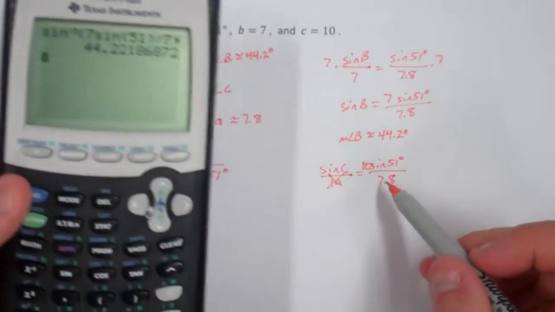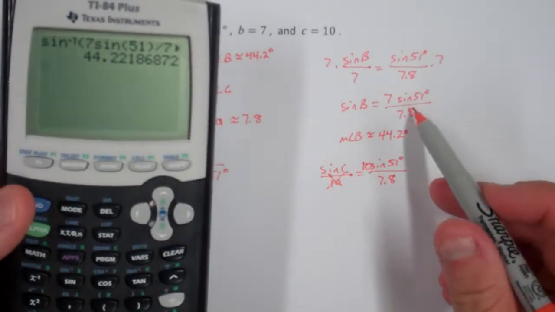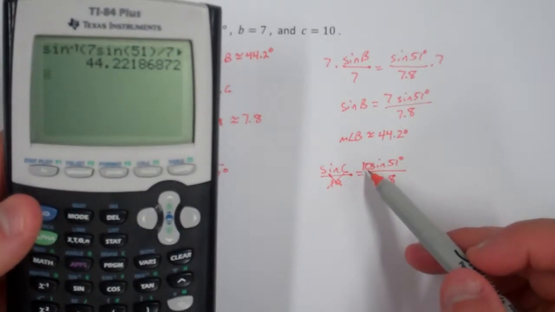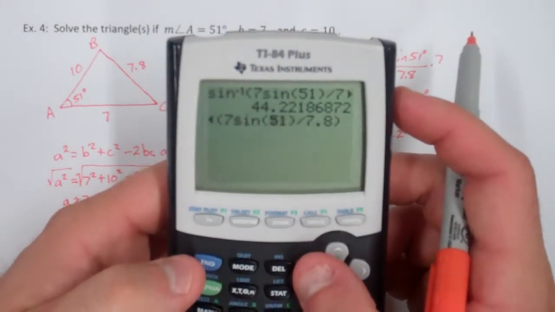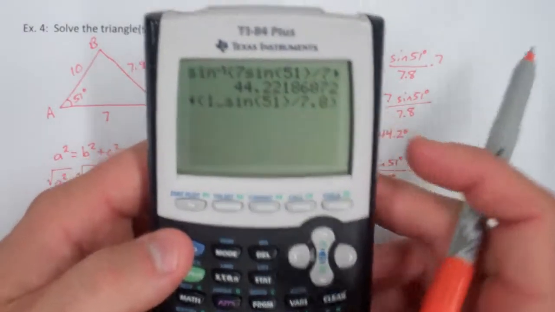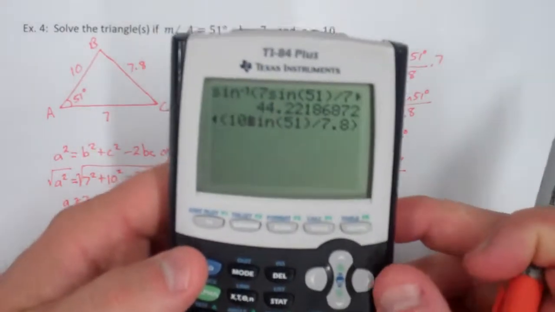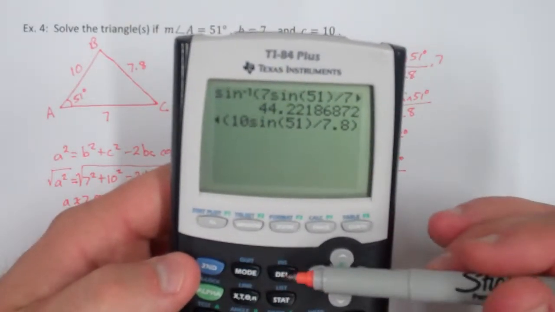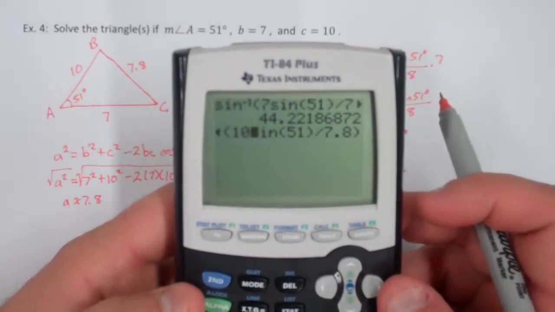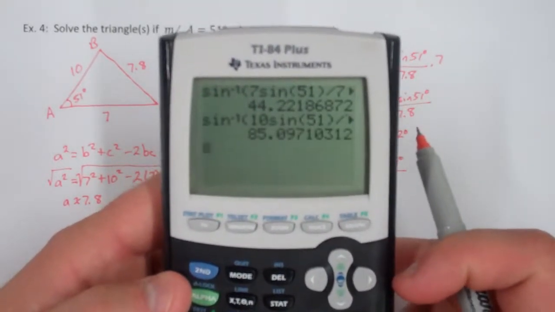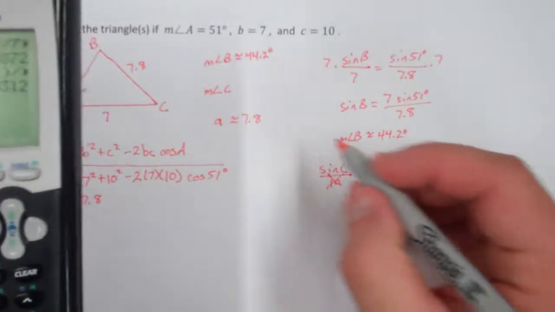If you look at this though, it's very similar to this one. The only thing that's different is the 10. So we can just hit second enter, and then if you prefer, you can add a 10 in there instead of that 7. You'll have to hit the second delete button, which will insert something into the equation there. And that's about 85.1 degrees.